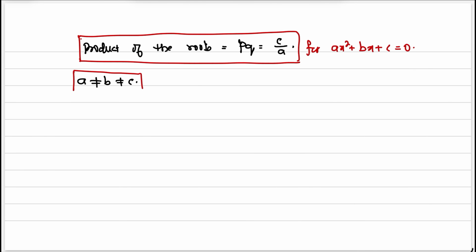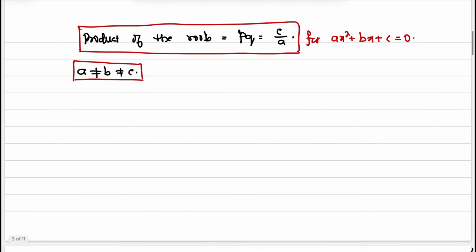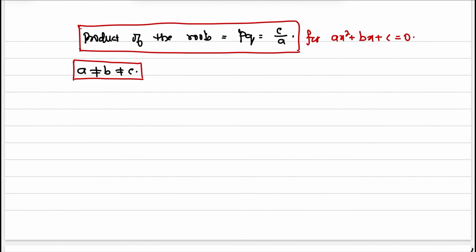Another condition we impose on ourselves for better understanding of the problem. What are the equations we have got? p plus q is equal to minus b by a and pq is equal to c by a, and a is not equal to b is not equal to c. We have to find out a plus b plus c. How to find out?